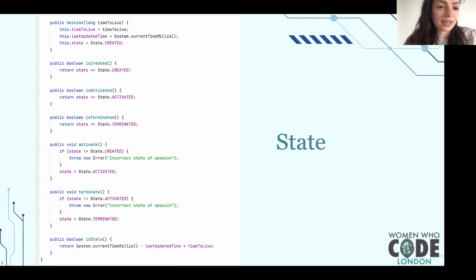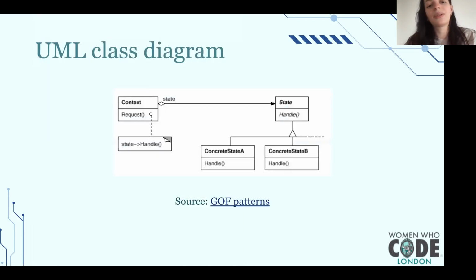You don't need to check internal things. So if we go to the Gang of Four patterns official website, we will see an adorable diagram there, which shows how to implement this state pattern.